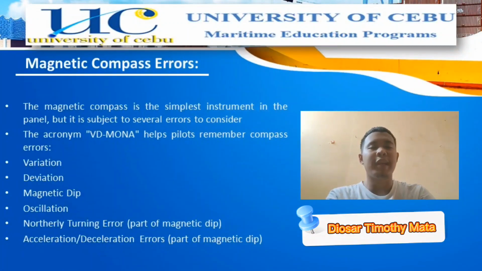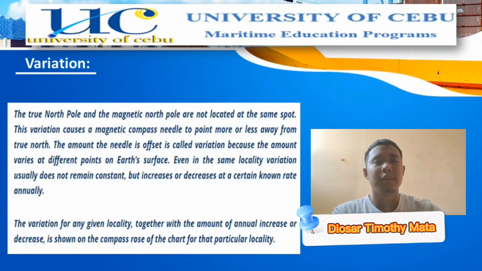Magnetic compass errors. The magnetic compass is the simplest instrument in the panel, but it is subject to several errors to consider. The acronym VDMONA helps pilots remember compass errors. Variation: the true North Pole and the magnetic North Pole are not located at the same spot. This variation causes a magnetic compass needle to point more or less away from true north.